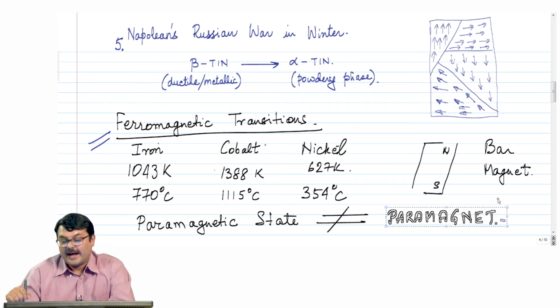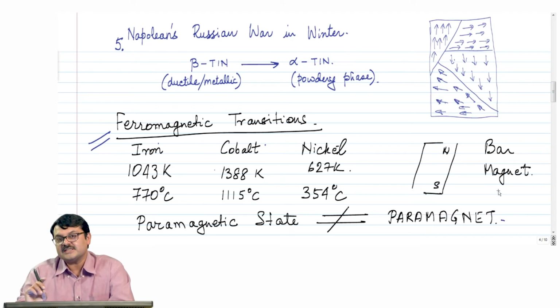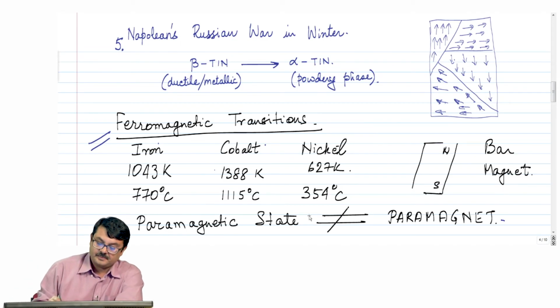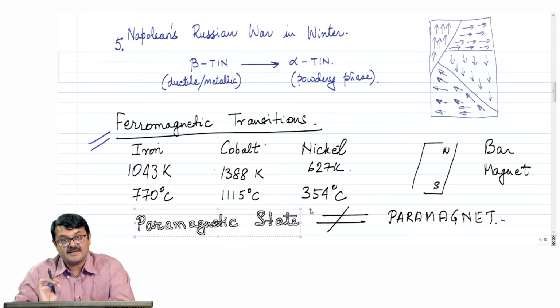What happens in a paramagnet is that, due to thermal fluctuations, all the magnetic moments point in different directions, and as a result you see no net magnetic moment. These spins are not interacting with each other. For a ferromagnet, there is an interaction between adjacent spins.